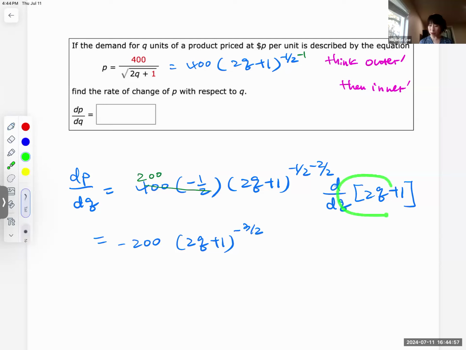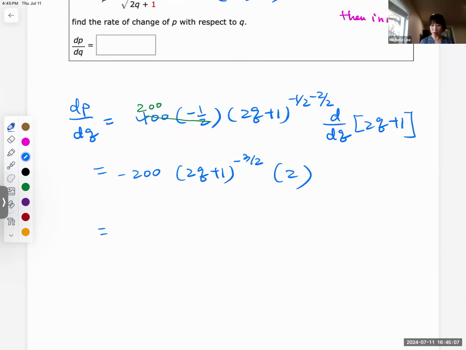We want the derivative of the inside. The first term is 2, right? And the second term is 0. Okay, then negative 400 and the negative power, over 2q plus 1 to the 3/2, right?